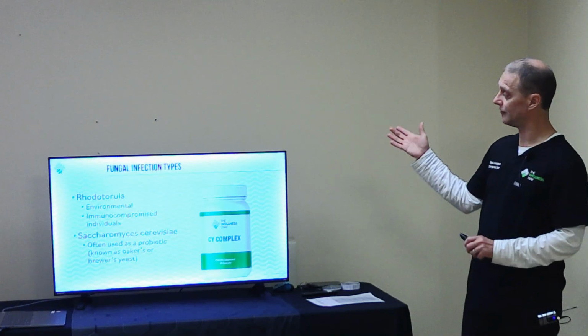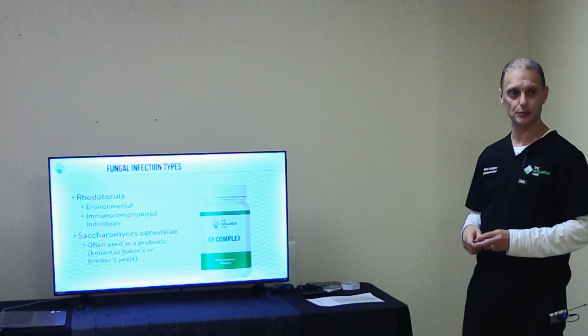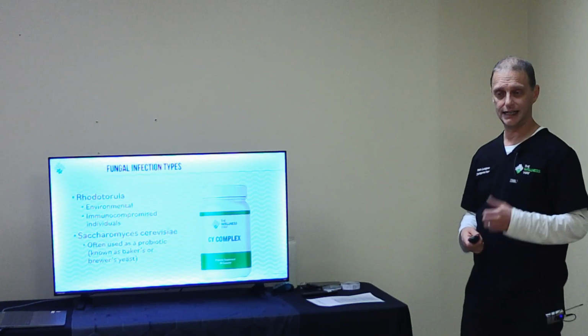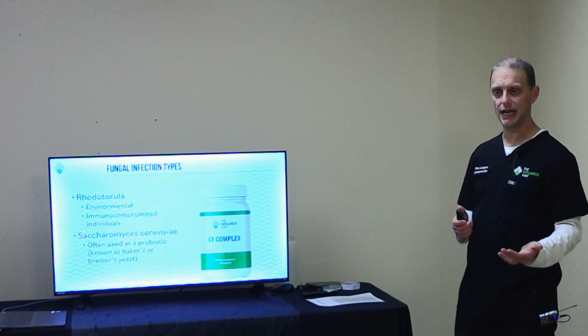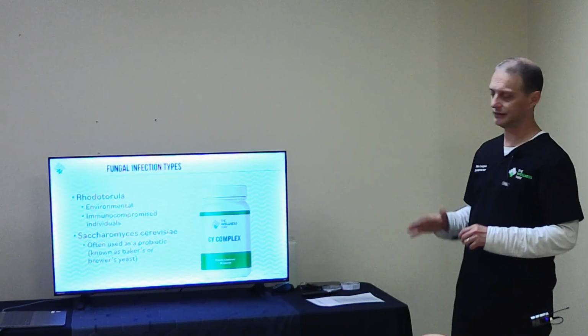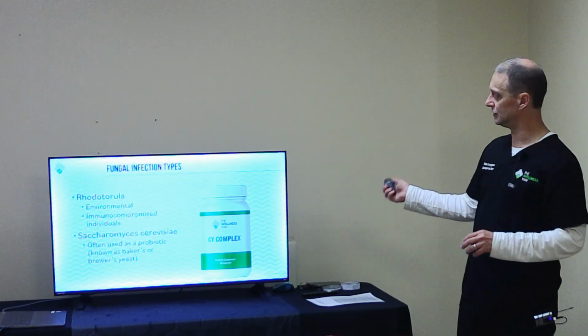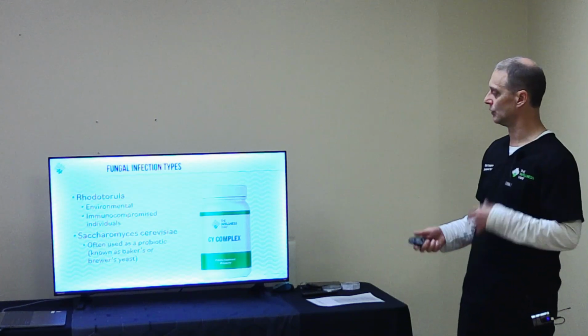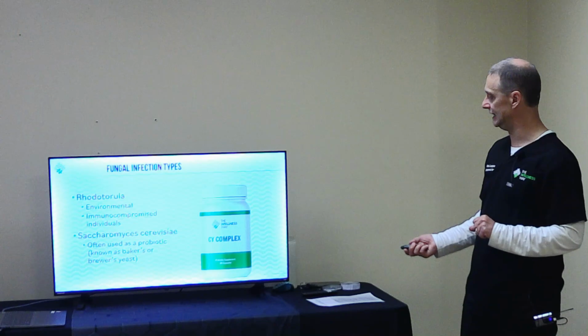That's a tough yeast to get rid of, and you'll typically find it in immunocompromised individuals. So cancer patients, maybe HIV patients, but patients who have a depressed immune system. So this is one that can help with reestablishing and helping against that yeast overgrowth.